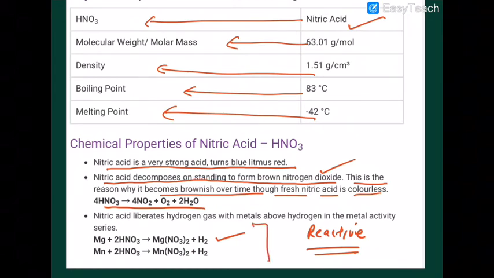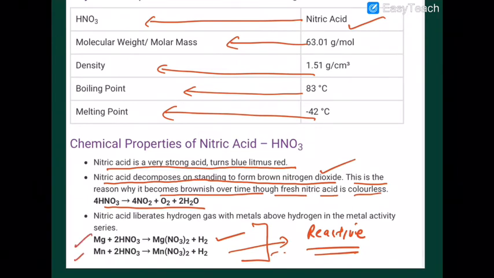I am repeating once more, this point must always be in your mind: among zinc, aluminium, iron, magnesium, all alkali metals, and all transition metals except copper, because copper is the only transition metal which has a positive E naught value. All others have E naught less than 0, so they are reducing in nature, but still they do not give hydrogen when reacting with nitric acid, due to the oxidizing nature of nitric acid.